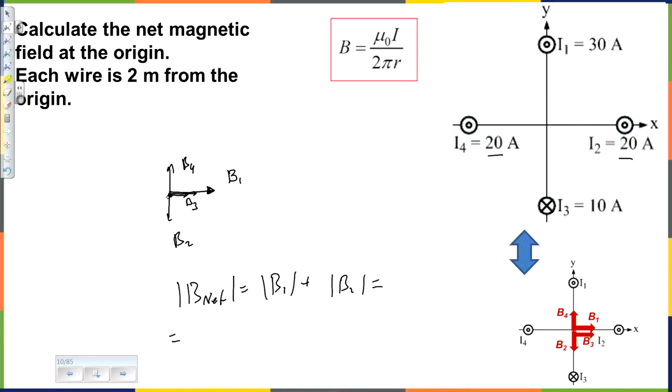So what do we have? Well, 4 pi times 10 to the negative 7th, and the current number 1 is 30, over 2 pi, distance equals 2, plus 4 pi 10 to the negative 7th, 10, over 2 pi, over 2.